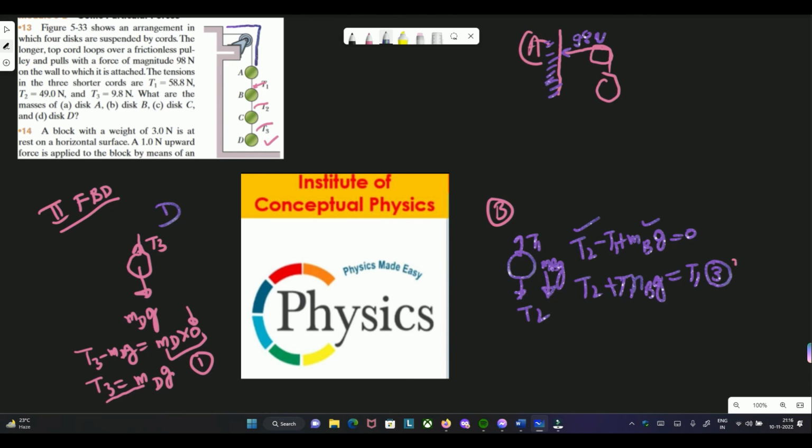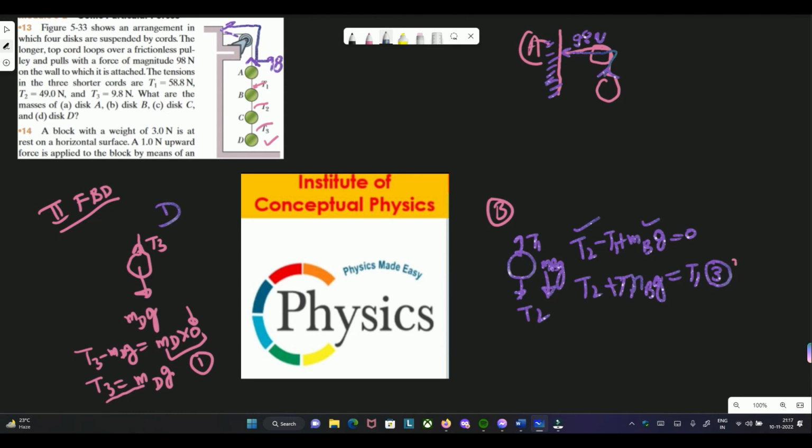Now when due to the pulley the direction of the string changes, the same tension of 98 newtons will now travel downwards. If it is pulling the wall on one side, it will pull the mass upward on the other side, right? So you know now how you have to work the strings. Even if there is a change in direction, the logic actually does not change at all.